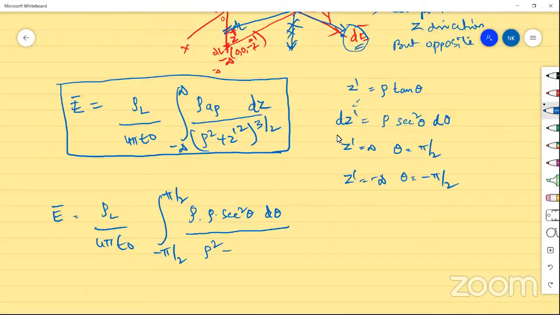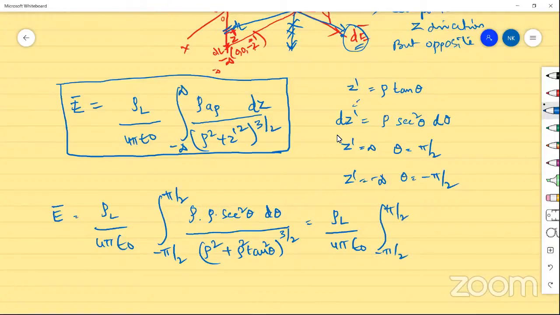And rho square plus z square, with z equal to rho tan theta, is rho square plus rho square tan square theta, whole power 3 by 2. So what will come out? Rho L by 4 pi epsilon naught, integral from minus pi by 2 to pi by 2, rho square secant square theta d theta.